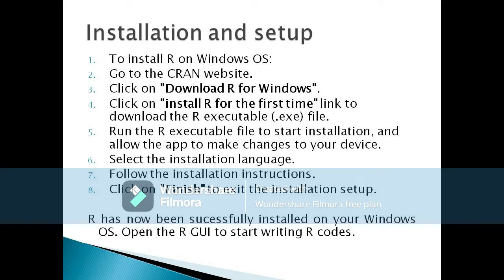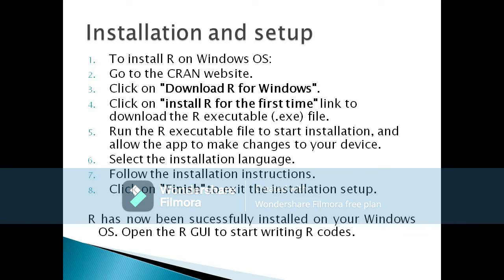Then select the installation language as English, and as per the installation instructions, you'll have to select them and then click on Finish when the installation steps are completed. So in this way, R is simply installed on your Windows operating system, right?